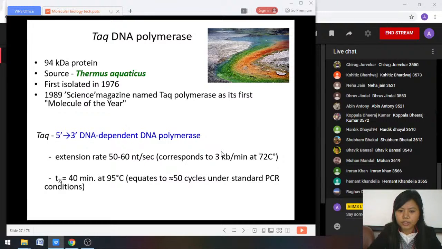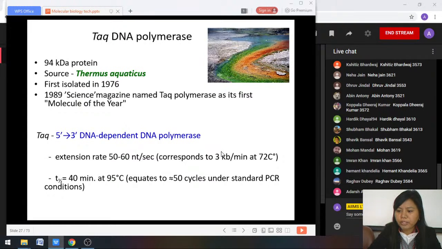At each cycle somebody needs to add the DNA polymerase, right? It was a very tedious process. Even in our lab, though we have not seen this being done, our seniors, when they started doing PCR, that's how they used to do it.